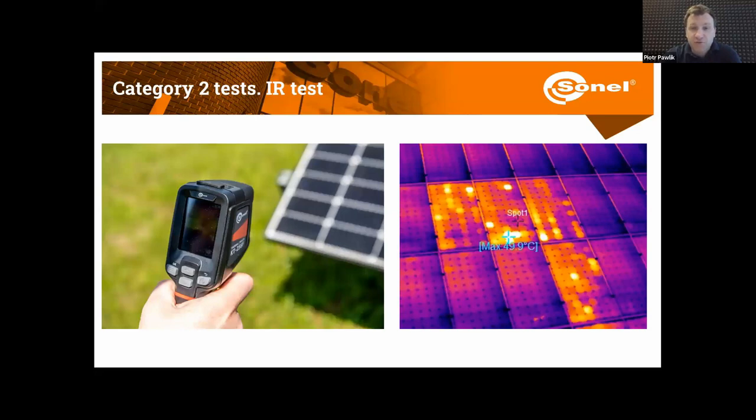We need to document temperature extremes, investigate each thermal anomaly to determine its cause, and use visual inspection or electrical tests to investigate further. So if we find a hotspot, first we check visually what the reason for that hotspot is. And if we cannot determine this visually, then we use the electrical test to determine what the problem is.